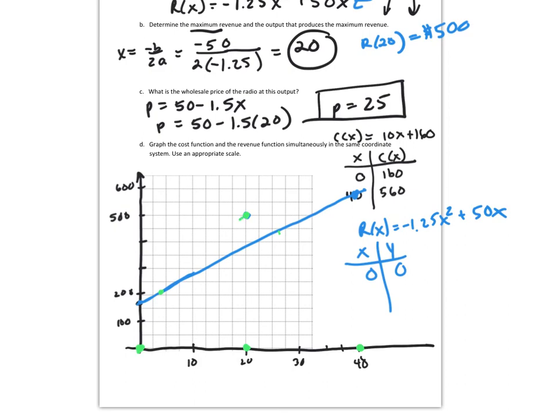So if I connect my dots, that looks pretty good. There's my graph. So what's important here, this is revenue, and this is cost. And where revenue is greater than cost, you have profit. And I've got a loss in these other regions because the cost is greater than revenue.